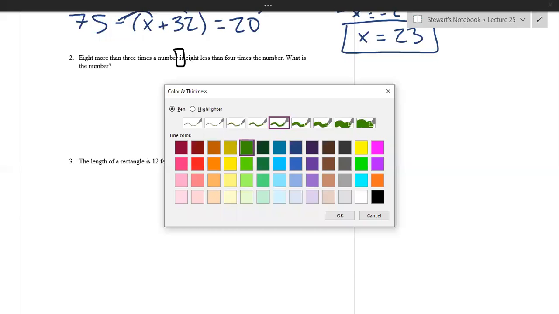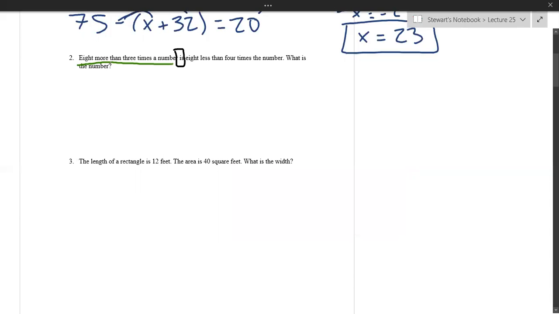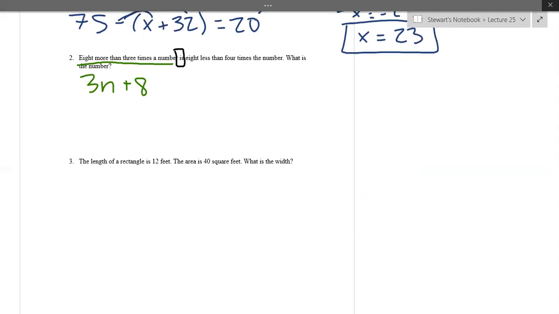We have 8 more than 3 times a number. "More than" means we're going to add. So 8 more than means we're going to add 8. And then 3 times a number, if we call our number n, we just have 3n, plus 8, because 8 more than 3 times the number means we would add 8 to that.